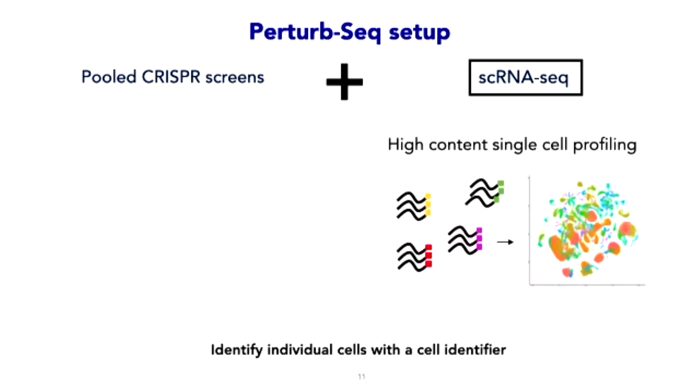The next part is the single-cell RNA-seq part of it. In the last few years, we have seen that single-cell RNA-seq has really transformed the way we study biology by giving us really high resolution. The key technical advance that allowed us to do that was to be able to identify individual cells with a cell identifier.